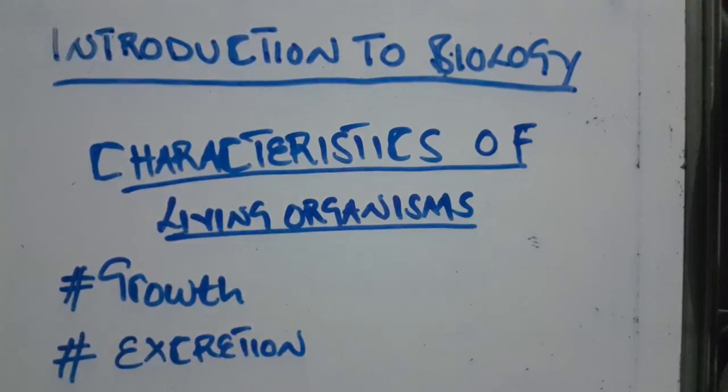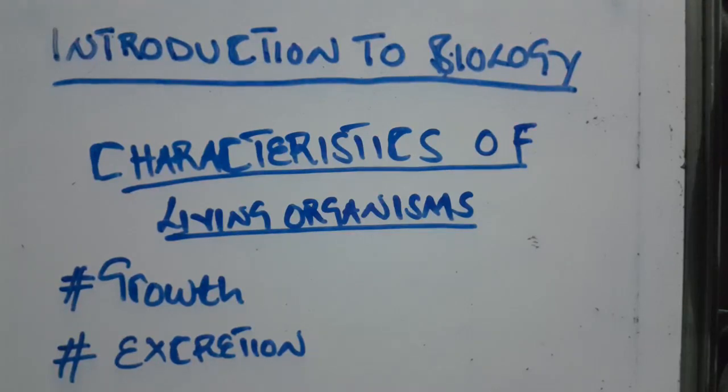Excretion is the removal of toxic, metabolic waste. The removal of metabolic toxic products, that is what is called excretion. So, the removal of waste products, that is what we call excretion.